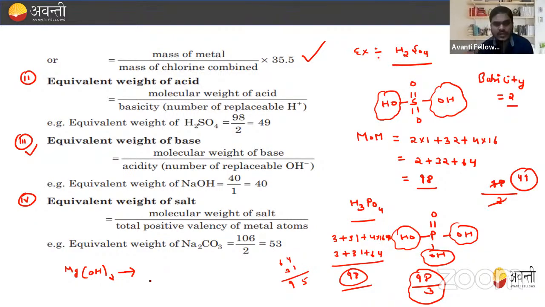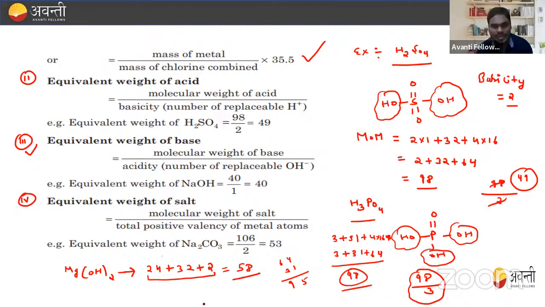We know Mg has molecular mass 24 and there are 2 O, so 2 O means 32, and 2 hydrogen as well. So it comes out to 24 plus 32 plus 2, which is equal to 58, divided by what?